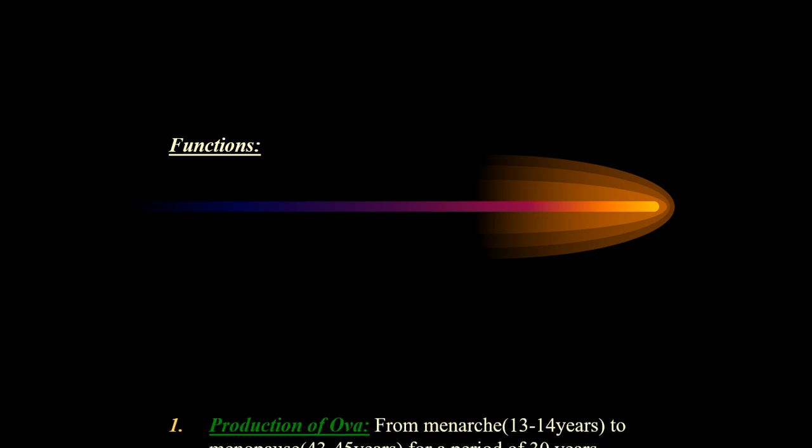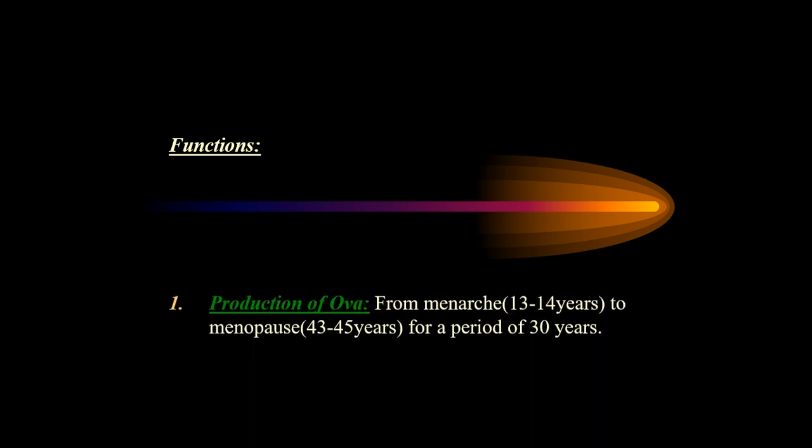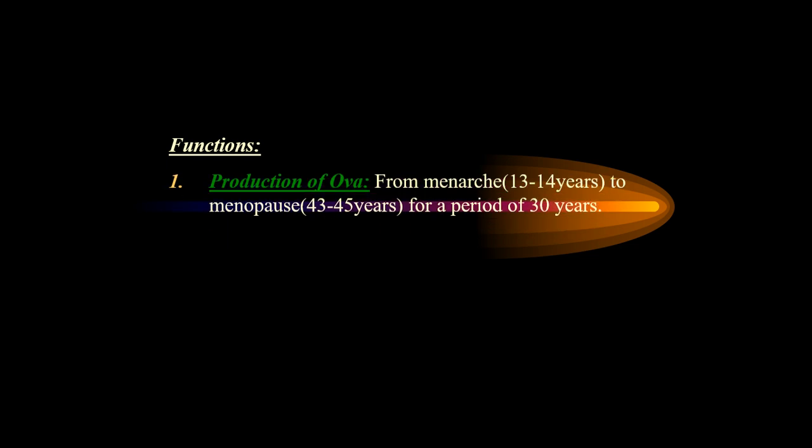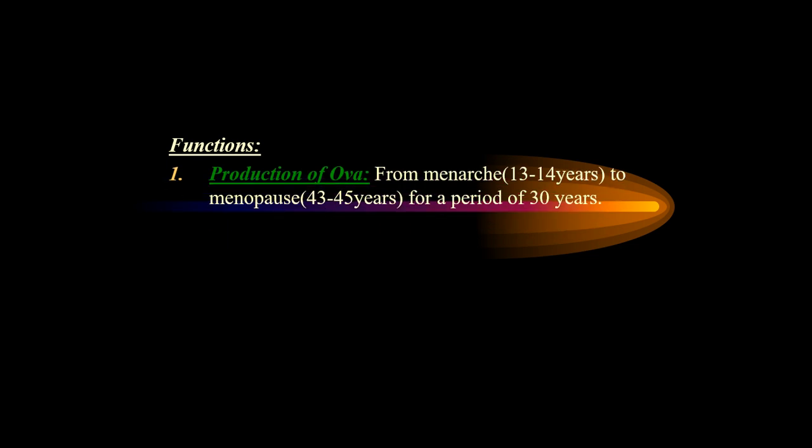Now coming to the functions: what are the functions of this ovary? The main function, as you know, is the production of the ova, and this begins from the stage of menarche at the age of 13 to 14 years in case of girls, and it ends by around 40 to 45 years, which is called the menopause.